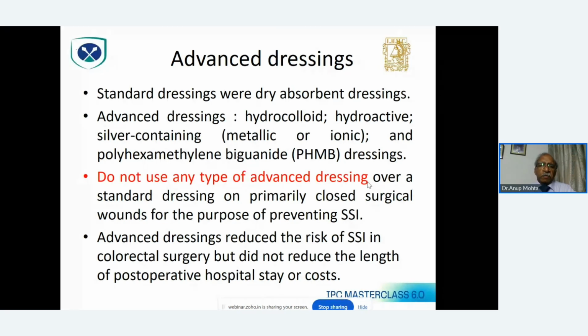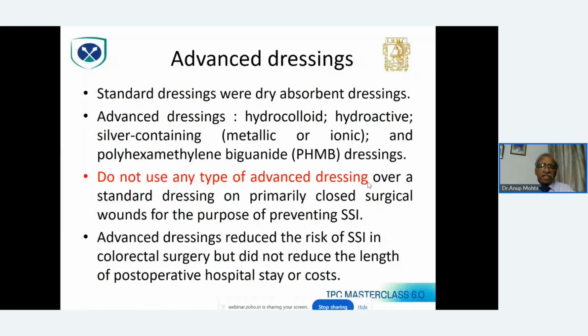However, WHO says do not use any type of advanced dressing over a standard dressing on a primarily closed surgical wound for the purpose of preventing SSI. That means there is no role of advanced dressing in a clean wound, which is after clean contaminated surgeries which are done, right? Other cases it might be used depending on the type of surgeon.